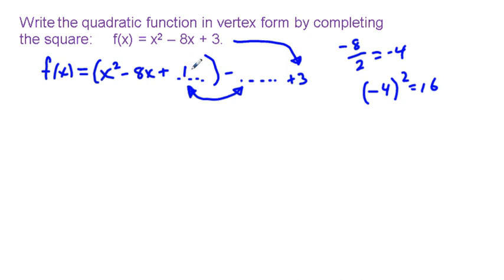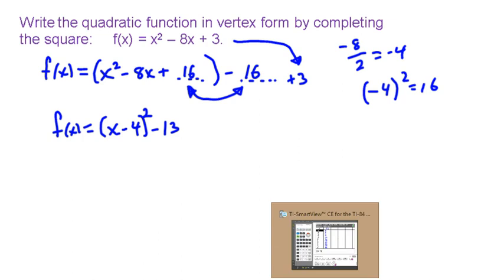So 16 will go here, negative 16 will go here, and this is a perfect square here of (x minus 4) squared. And then we bring down what we have left, which is negative 16 plus 3, which is negative 13. And as one last check, we can go to our graphing calculator, x squared minus 8x plus 3.